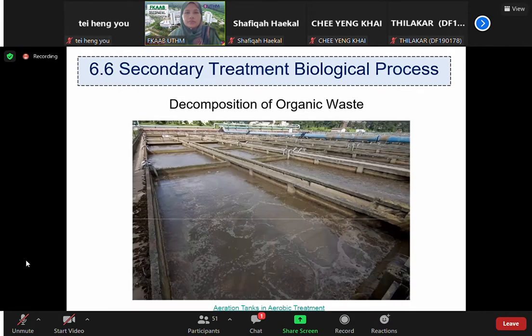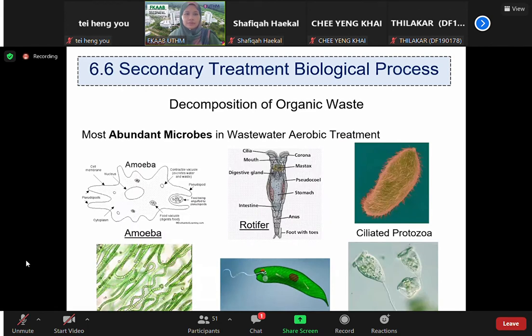So this is quite common in UTHM. We do have this aerobic process, kita panggil sebagai activated sludge. Dia activatekan, proses berlaku ada oksigen, to do the degradation process or decomposition. Okay, this is the first type of the process.